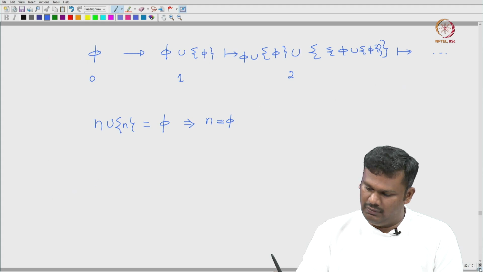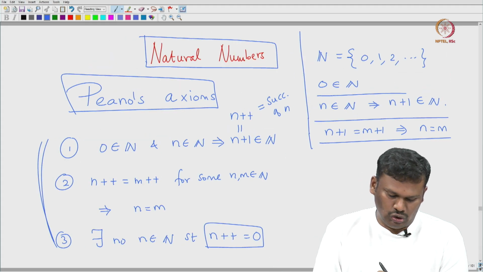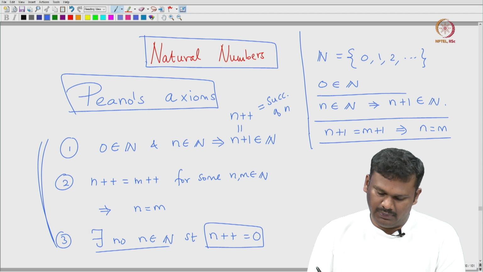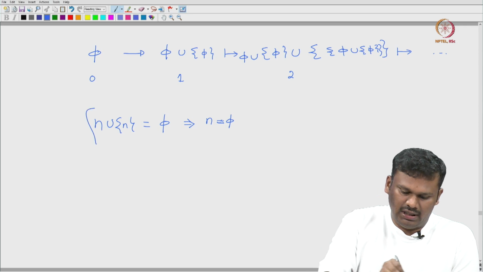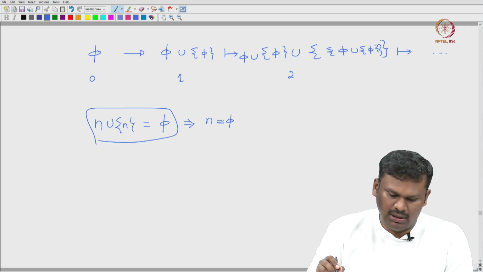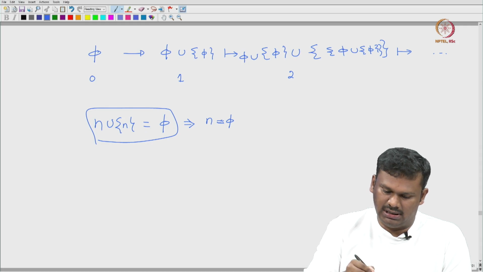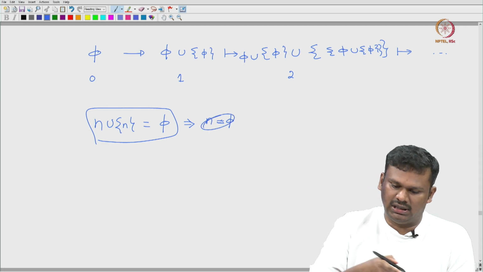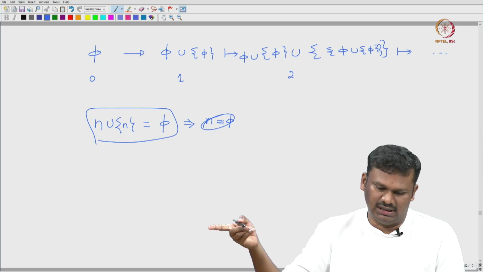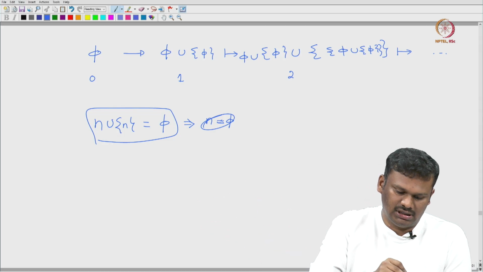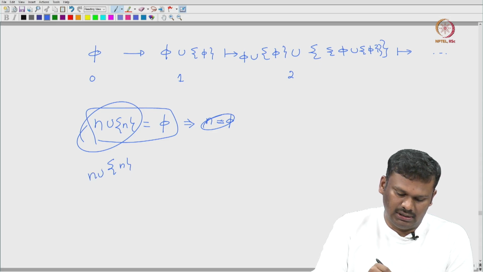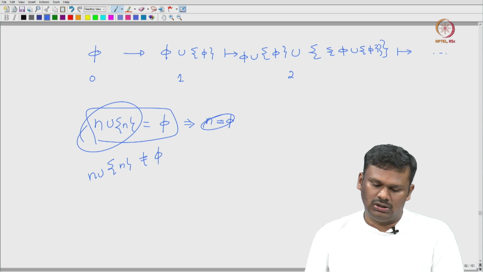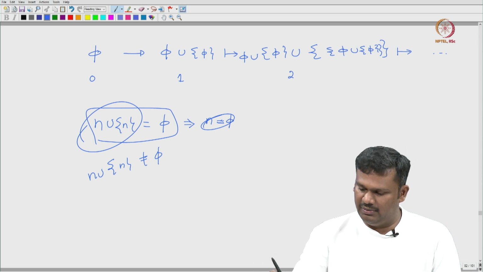This would tell you that such an n cannot exist, because the way we constructed, we are inductively proceeding to the successors. This set will contain at least the singleton n, so n union singleton n is non-empty. That comes for free from the construction.